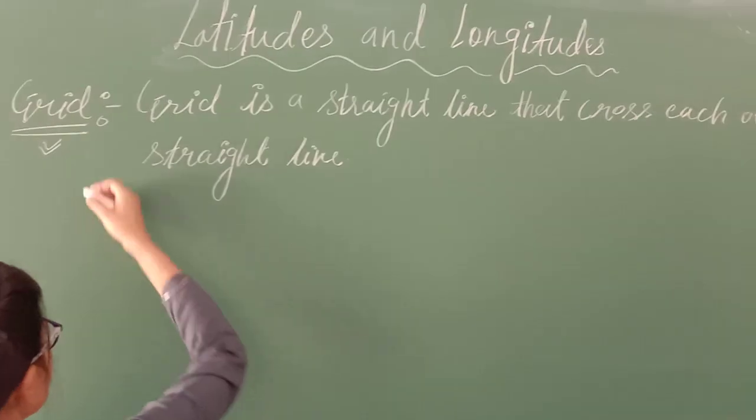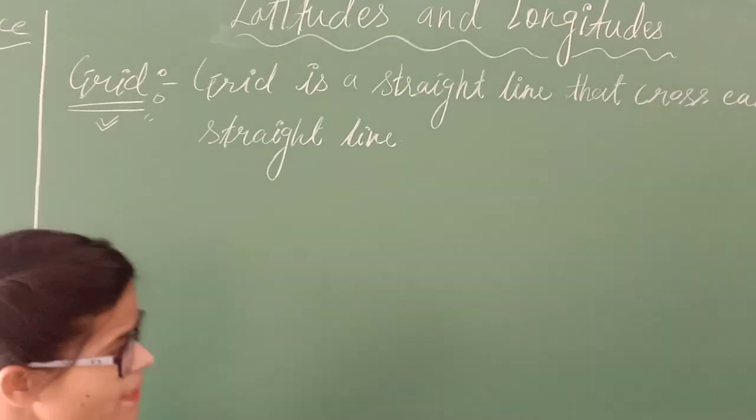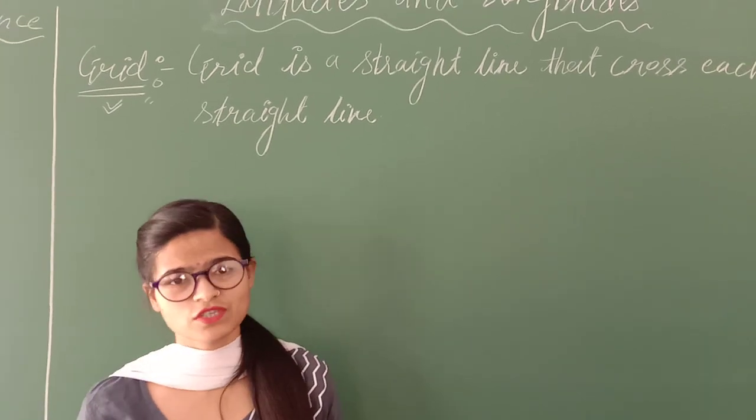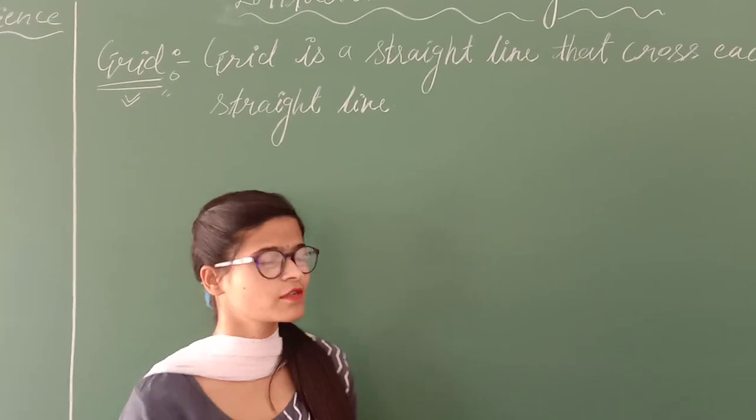This is grid. It is simply a line, and it crosses each other to form a square pattern. So this is grid.